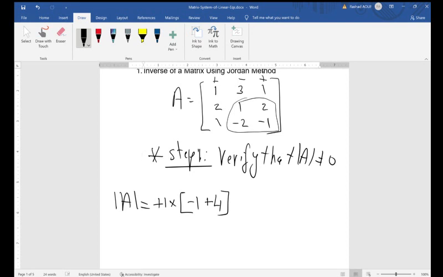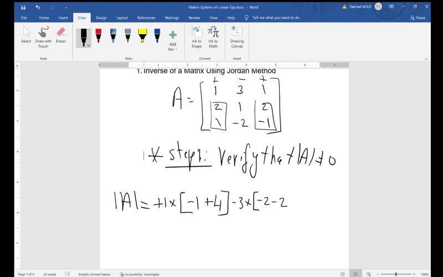Second coefficient, minus 3 times, so I choose now this matrix: 2 times minus 2, minus 2, minus 1 times 2, also minus 2.